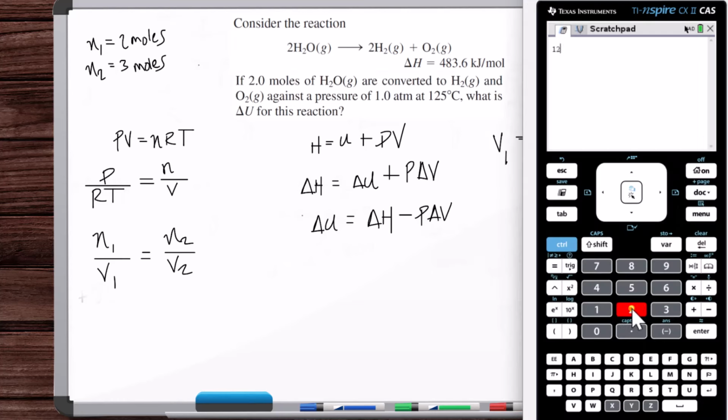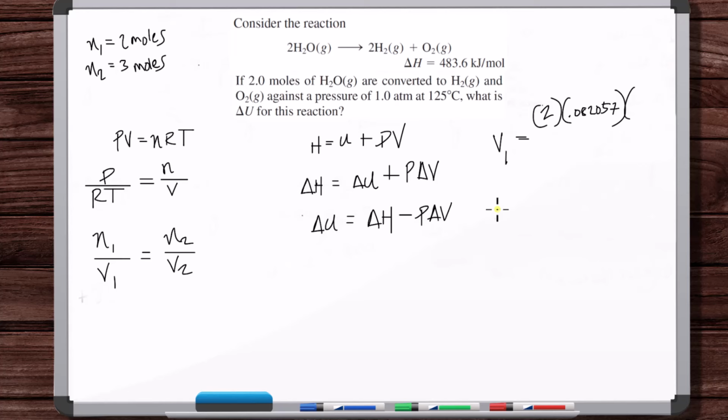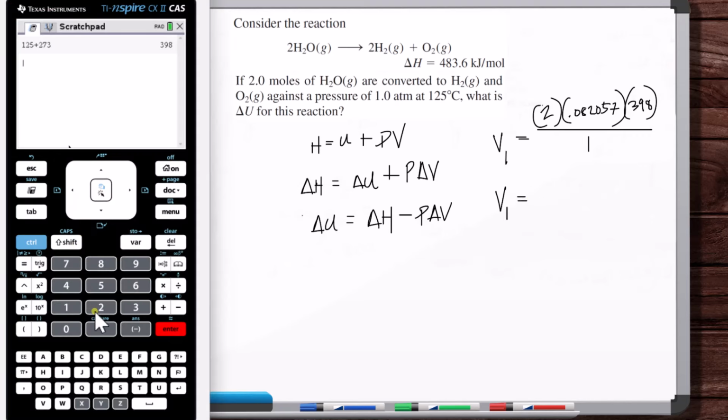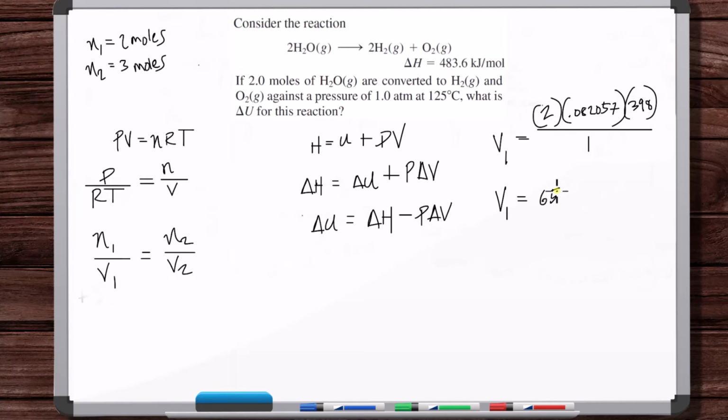T is 125 plus 273, 398. P is 1, so this is going to be in liters. 2 times 0.082057 times 398 gives 65.3 liters.